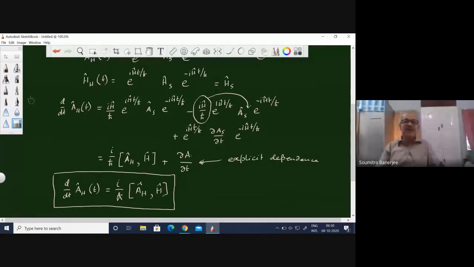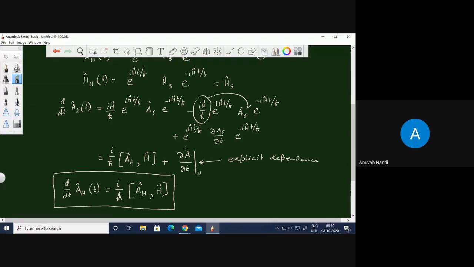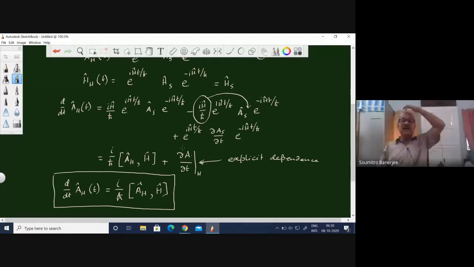It is the Heisenberg picture. You want something like this? Yes, yes. But A is either in the Schrodinger picture or in the Heisenberg picture, so A just standing alone will not make much sense.